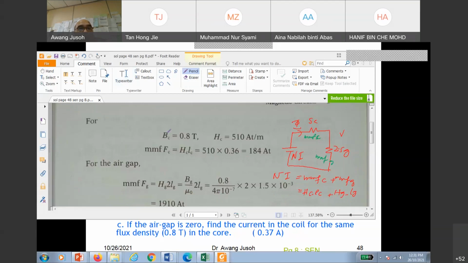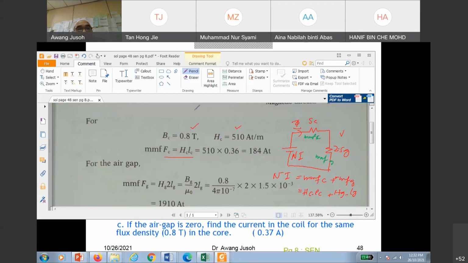So just now we said that it required 0.8 Tesla. So that one gives you strength of 510. Then you can find the MMF at the core. MMF core is Hc Lc, because we don't know the flux yet. We are given the data for H. That means you don't need to try to find the flux equation.